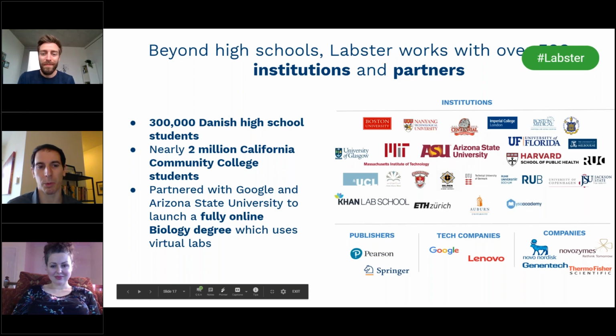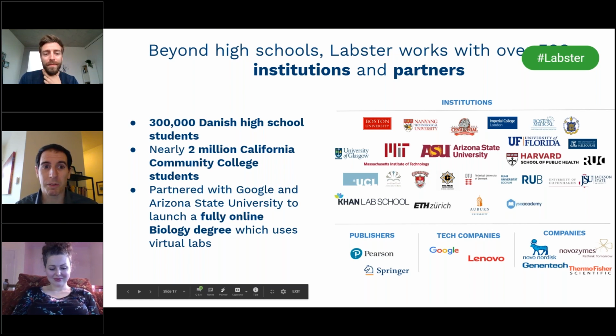No, that's a great point, and we'll cover that a little bit later as well. And just on this point, this idea about access and what we're trying to do here, Labster has quite a bit of experience with widespread access. We have for some time now been setting up over 300,000 Danish high school students with access to Labster.